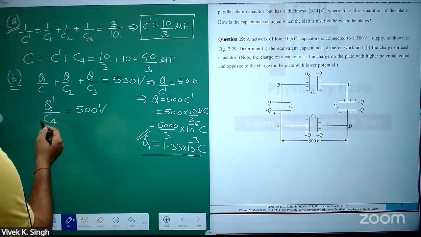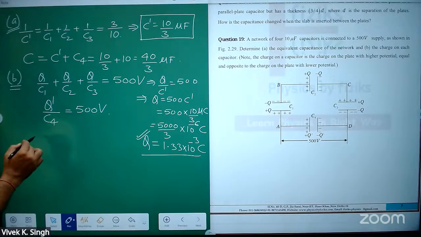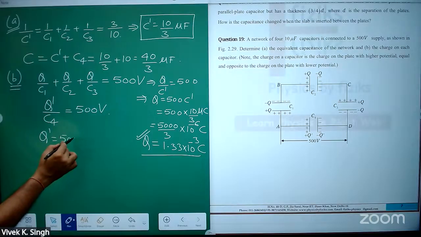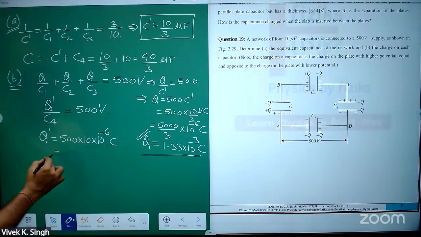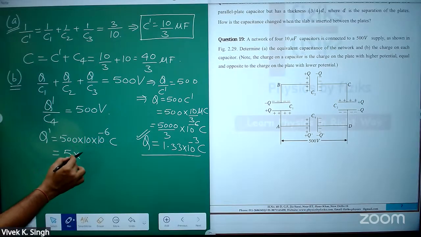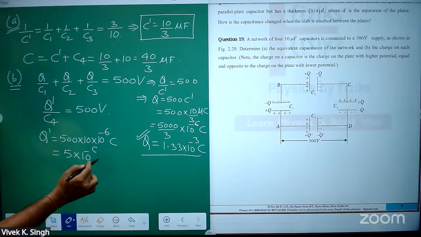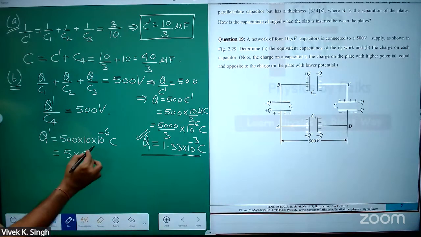And from here you will get the charge on Q4. So 500 into 10 into 10 to power minus 6 coulomb. So this is 5 into 10 to power minus 3 coulombs. Okay.